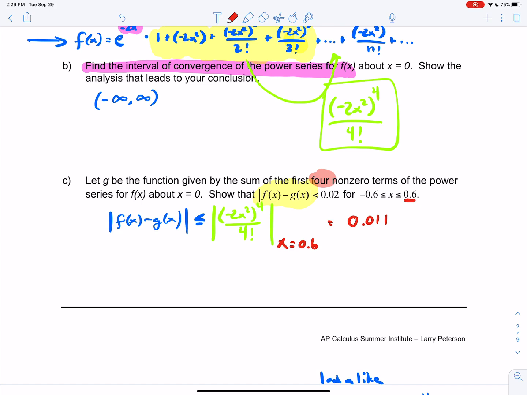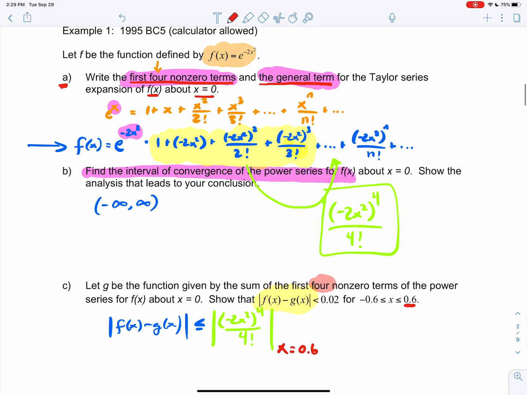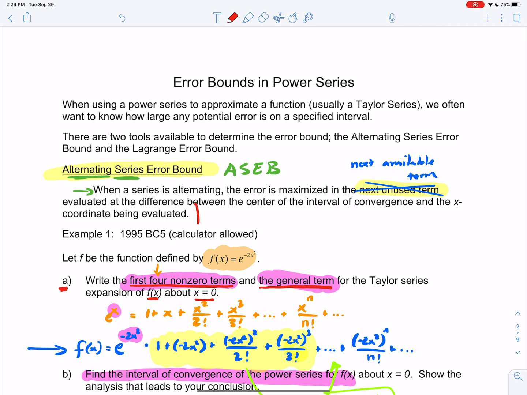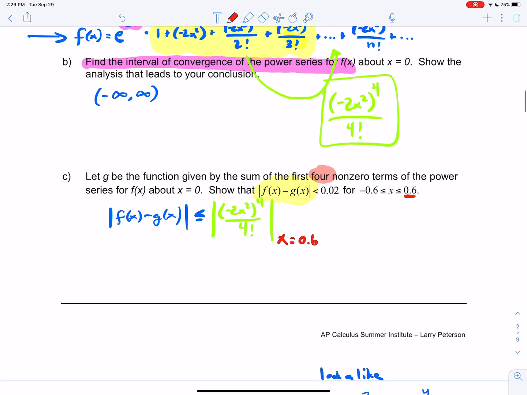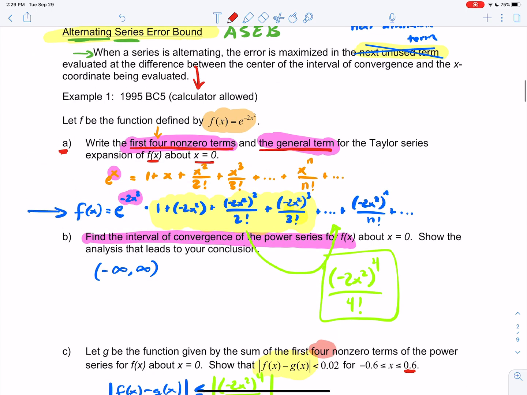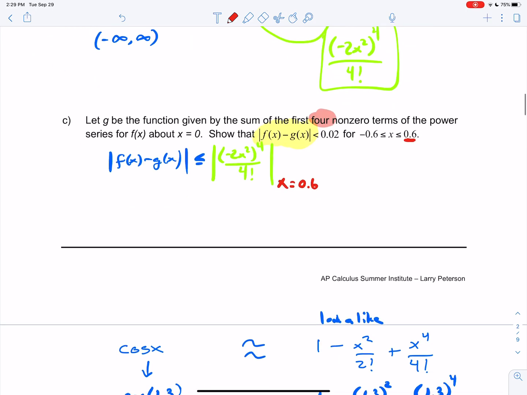Now, here's the thing. You guys could definitely cheat a little bit. Here I know in 1995 it says calculator is allowed. You guys should know the series question is always going to be number 6 on your FRQ exam, so you know number 6 is non-calculator. Way back in the day, they allowed a calculator, but within the last 15, 20 years, they stopped allowing it.